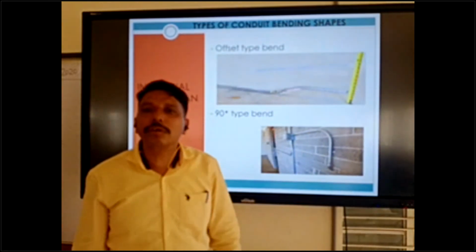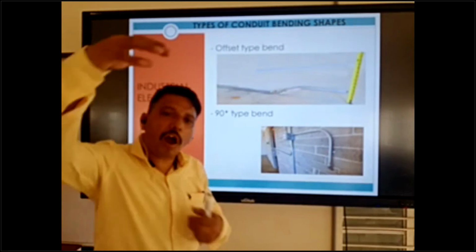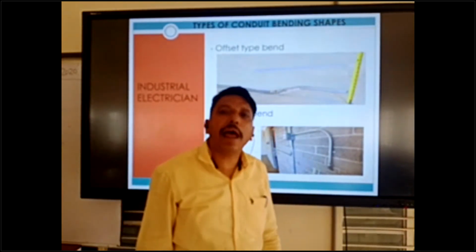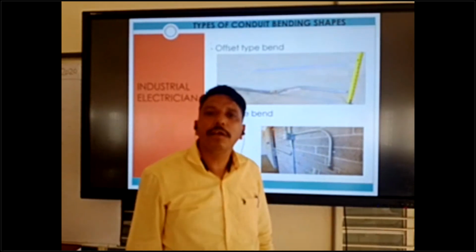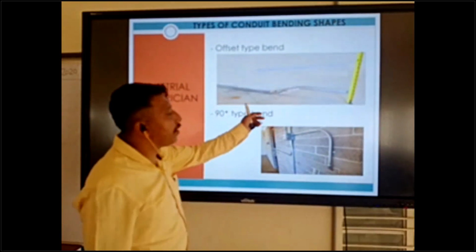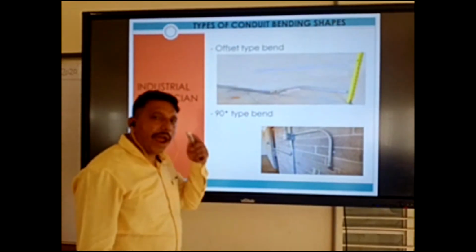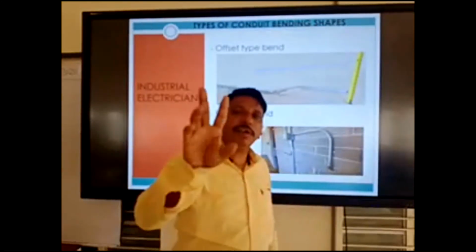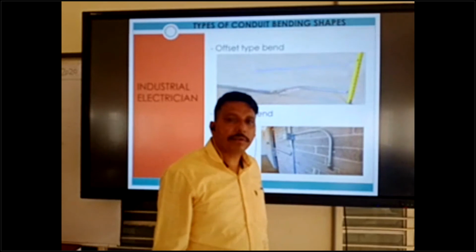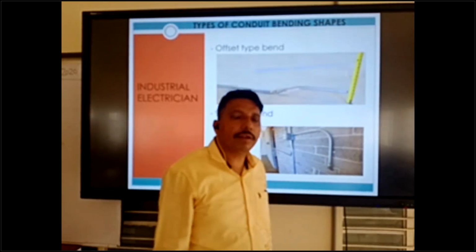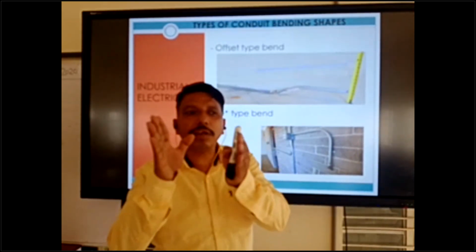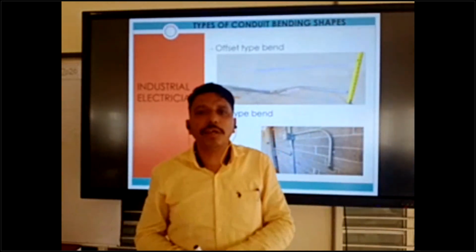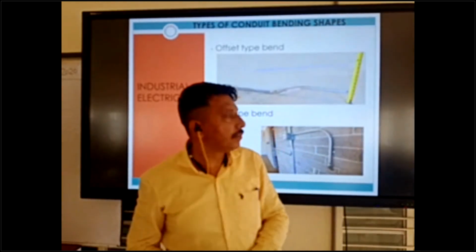In GI conduit, if we drop the conduit to a switch box, that time also we use a 90-degree bend. So a 90-degree bend is used in two places in conduit, but in cable, only in cable tray, when moving right to left or left to right, we use 90-degree bends.